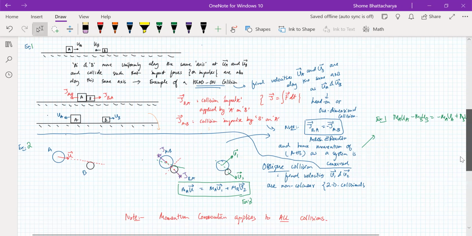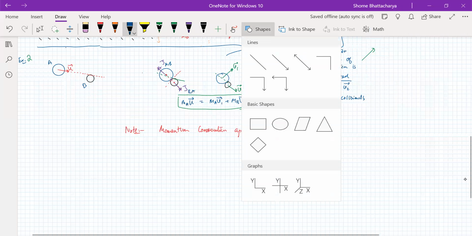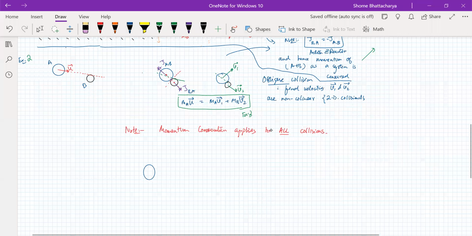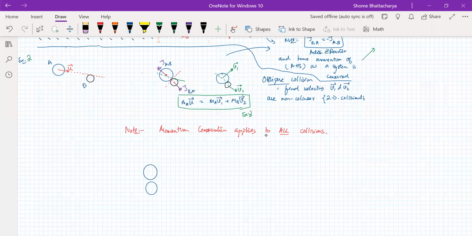Now, we can also have another situation where something like this is happening. We have, let's say, two objects, like two spheres, which are kept quite close to each other, maybe even in contact. But in this case, I'm not drawing them in contact. I'm just showing them very close to each other, kept like this.